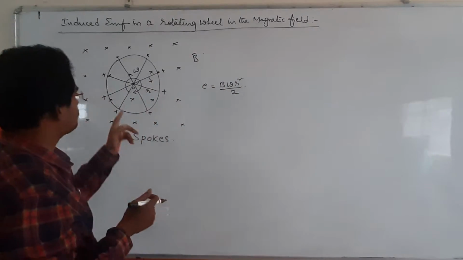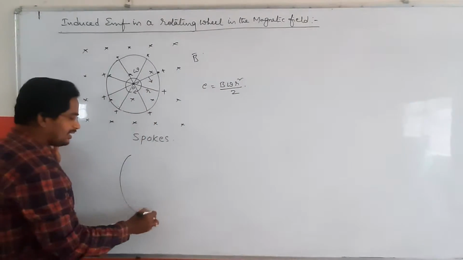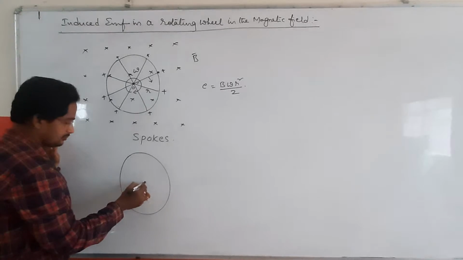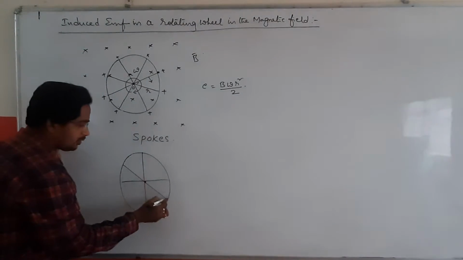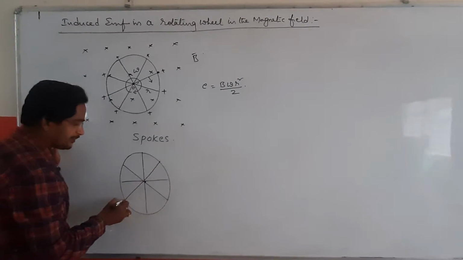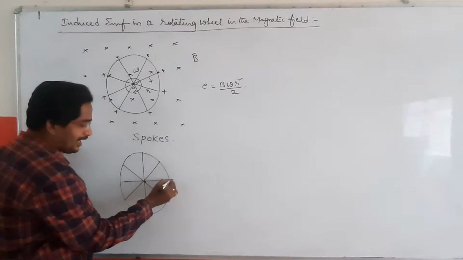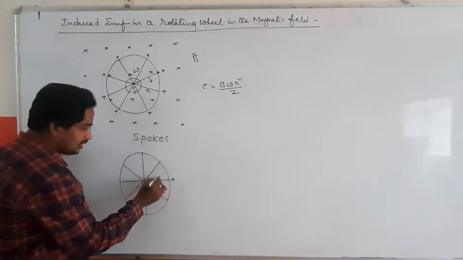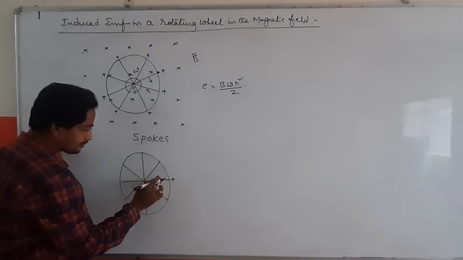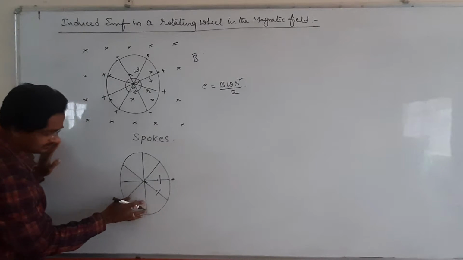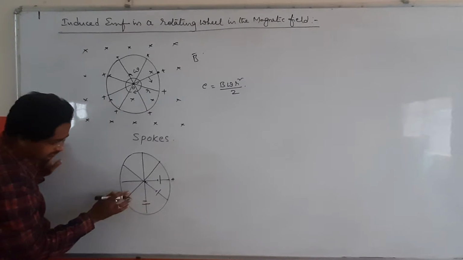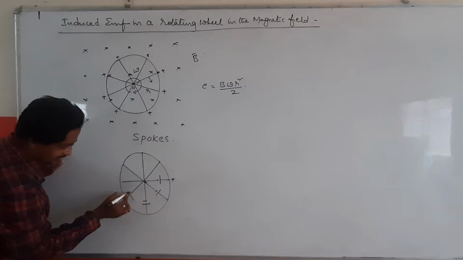By that, if you take that wheel, each spoke acts as one battery, such that here is the anode and here is the cathode. Here anode, here cathode, and anode, cathode, anode, cathode.